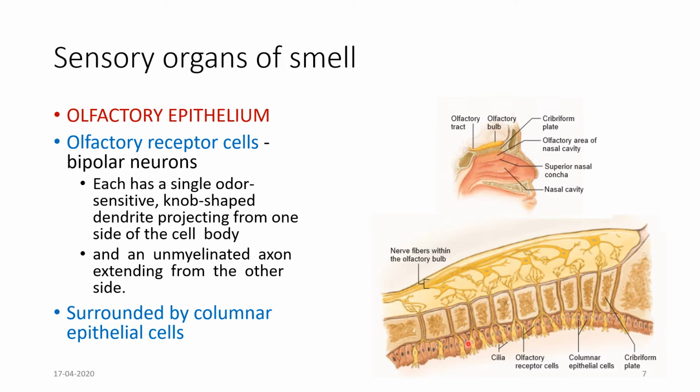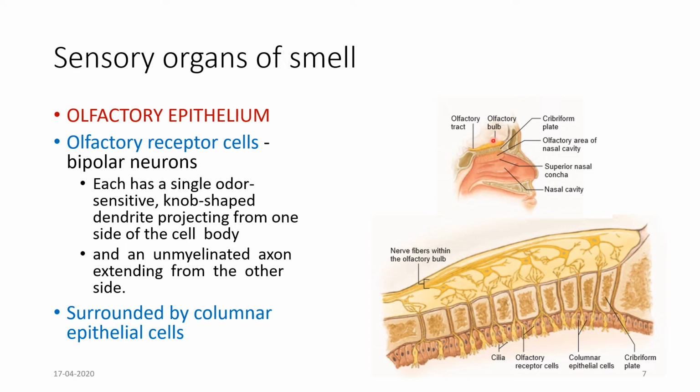So, the olfactory receptor cells are bipolar neurons, and they are sensitive to the odors, and they have knob-like dendritic projections that are coming from one side of the cell body, and there is an unmyelinated axon extending from the other side, which is the axon process. They are passing through the cribriform plate of ethmoid and going towards the base of the brain, forebrain especially. That is the area to which they are going.